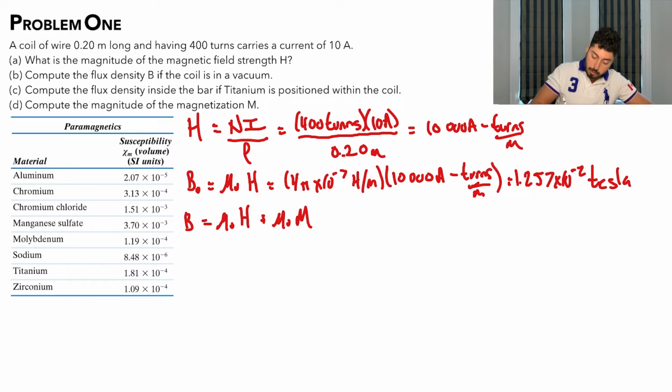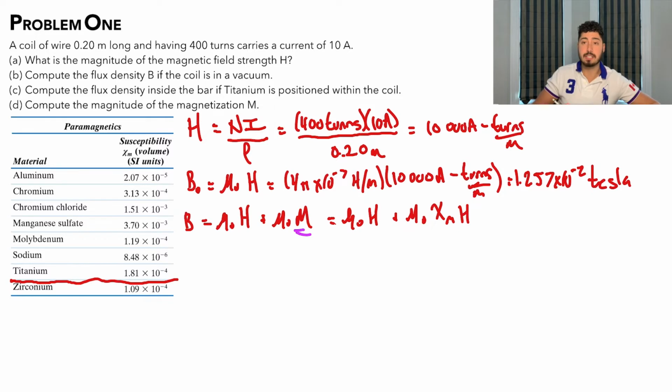So what we can do is substitute the magnetization for the following. Mu naught times H plus mu naught times chi m H, where chi m is the susceptibility of the material to magnetization. And we're just going to read that from the table. So the susceptibility for titanium is 1.81 times 10 to the minus 4.